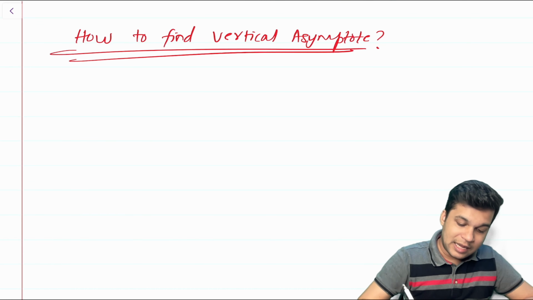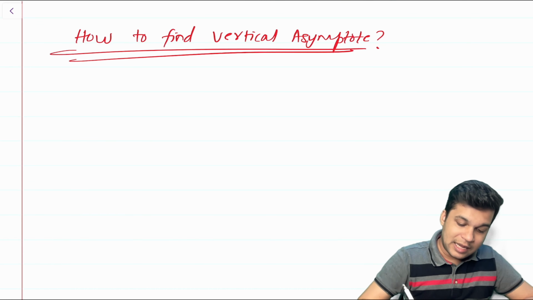Let's say you have a function f of x over g of x. So how to find the vertical asymptote? Always equate the denominator to 0. So equate g of x equal to 0, and once you do that, you will get the vertical asymptote.